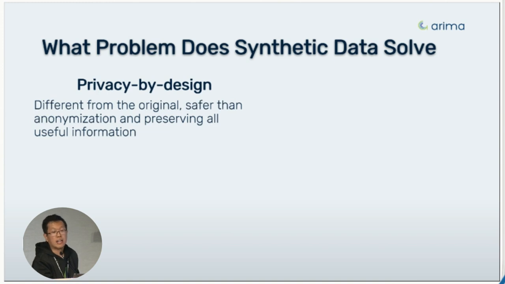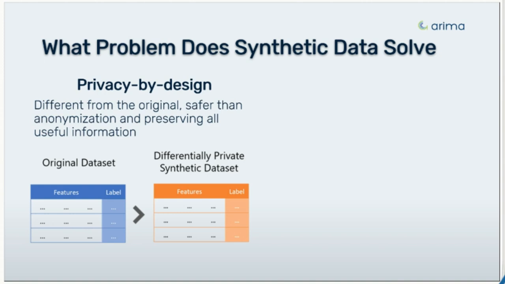So that's a nice property of synthetic data, because synthetic data only preserves the statistical properties, but your data is nonetheless different from your original. So you will not be able to see two records that are identical, and hence you won't be able to trace back to anybody, but all the nice statistical properties are preserved.